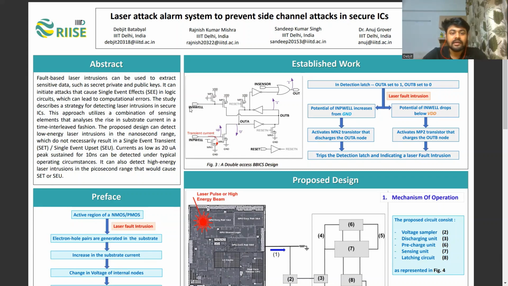Similarly, in case of a laser attack, the voltage at the N well drops from VDD due to the voltage drop at the MP1 transistor. That triggers the MP2 transistor and charges the out B node that was initially set to 0, thus tripping the detection latch and indicating a laser fault injection at the output node.